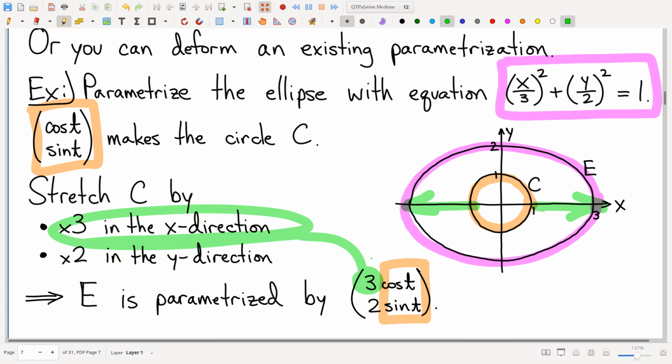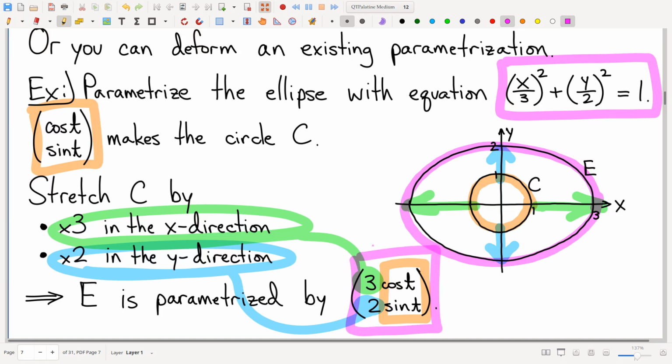And then I just do it algebraically. Likewise, I'm going to need to stretch by a factor of 2 in the y direction. And that's what I do by literally just multiplying the y coordinates by a factor of 2. And done. Right, so I didn't have to start from first principles.